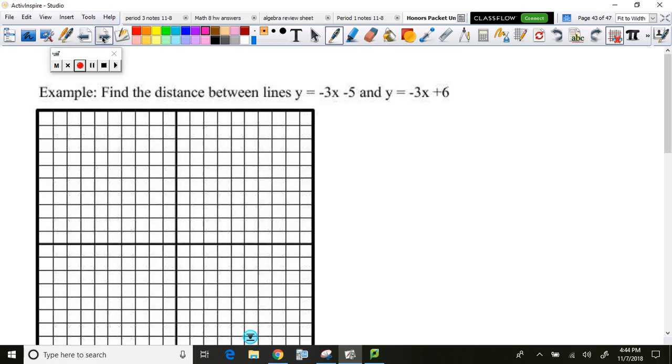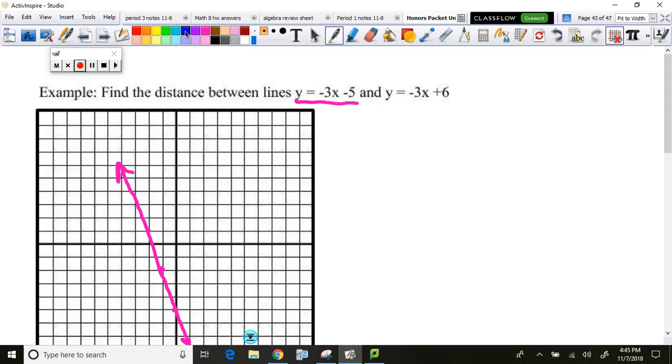So we want to find the distance between these two parallel lines. So I'm going to start by graphing them. So our first line is that, which is y equals -3x minus 5.